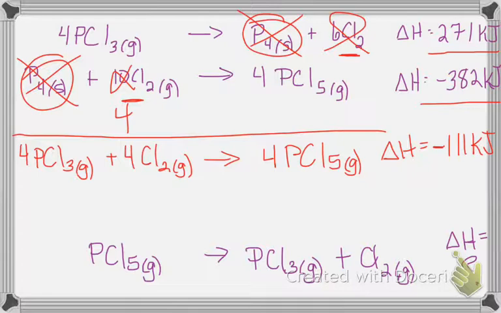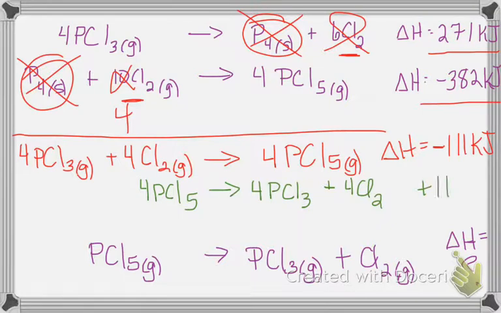So let's do that first, okay? I'm going to take this equation and reverse it and make 4 PCl5s makes 4 PCl3s plus 4 chlorines. And when I do that, this changes to a positive 111 kilojoules.